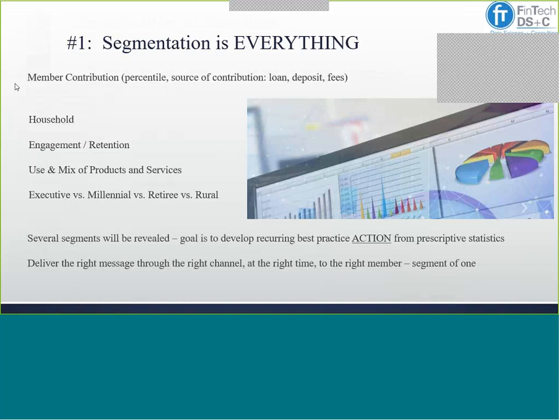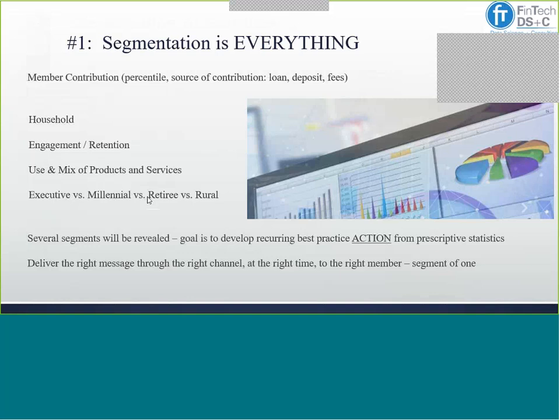But I will submit to you that a next product model that is an average for your entire credit union is probably varying degrees of wrong for each individual segment. And what I mean by that is that a next product model for your executives is quite different than the next product model for your millennials. Or consider the millennials versus the retirees.